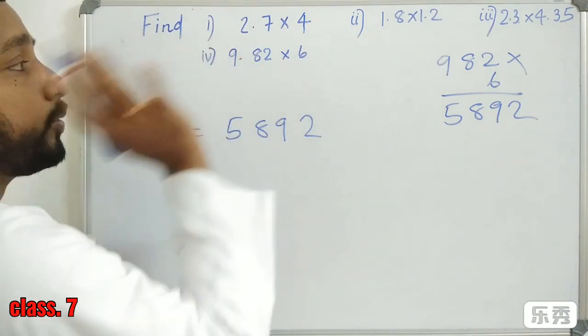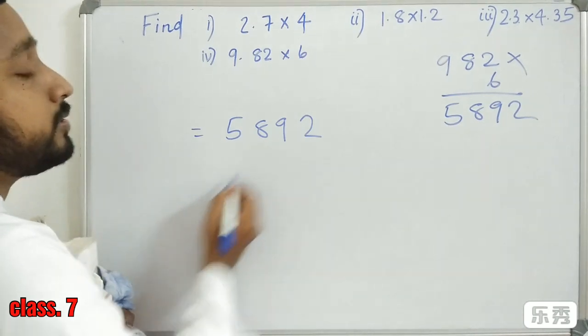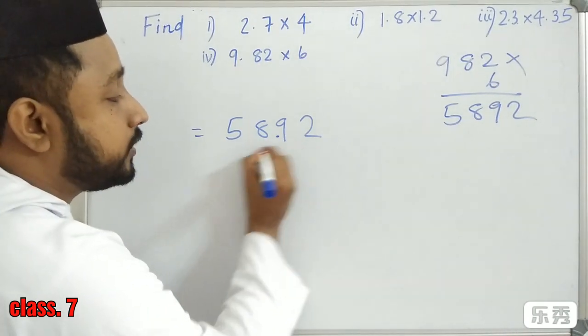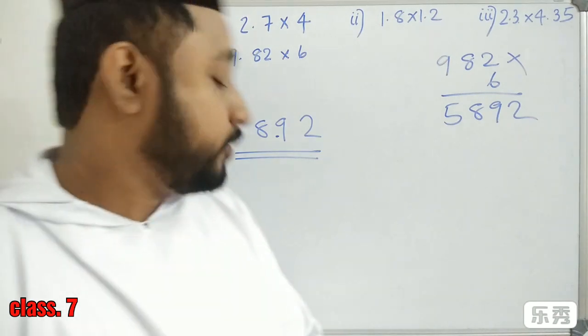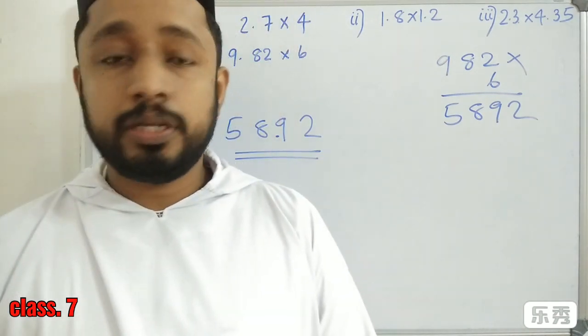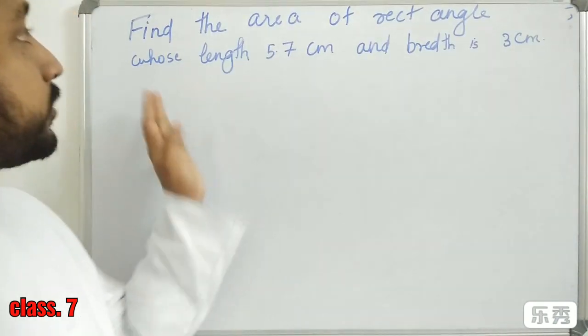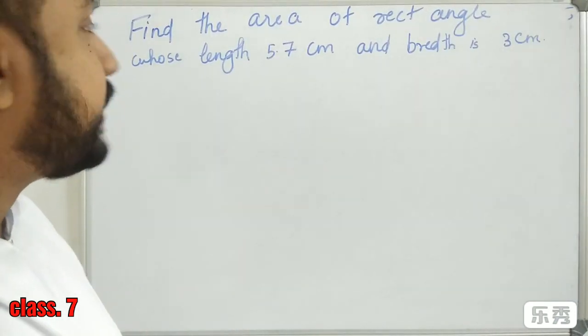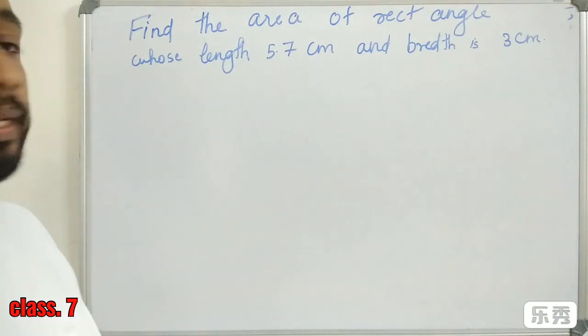So totally 2 digits only. Therefore after the point in the answer also there should be 2 digits. So we have to place the point here. So 9.82 into 6 is equal to 58.92. Another question. Find the area of a rectangle whose length is 5.7 cm and breadth is 3 cm.